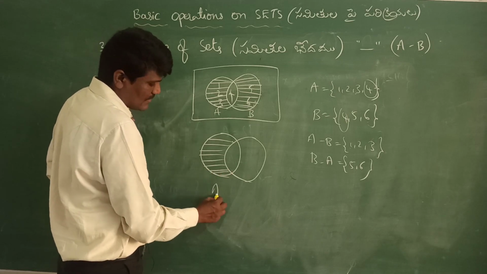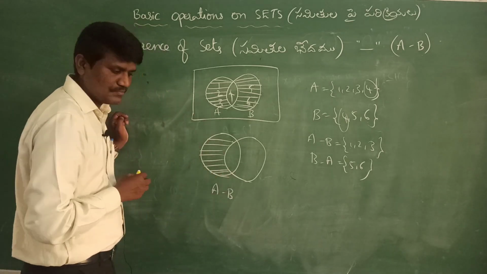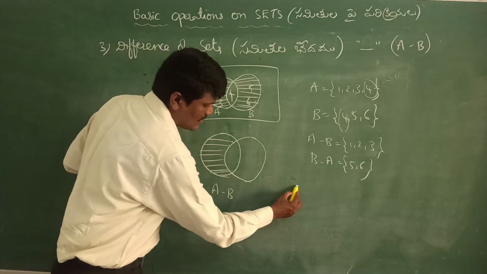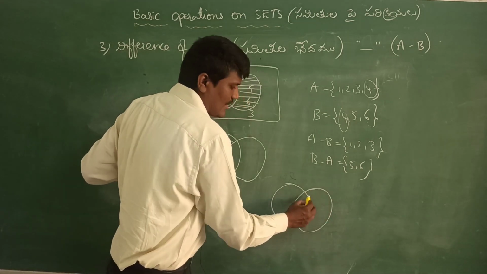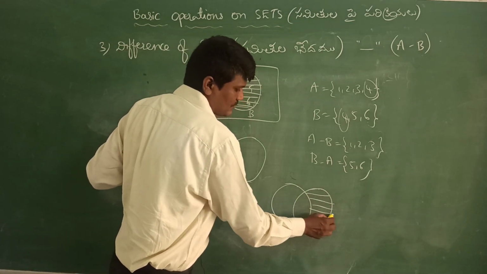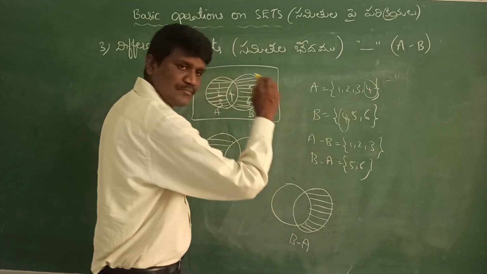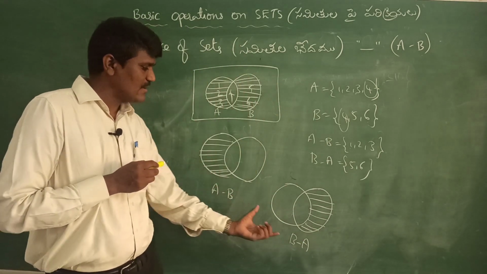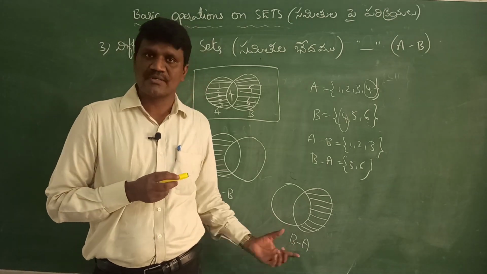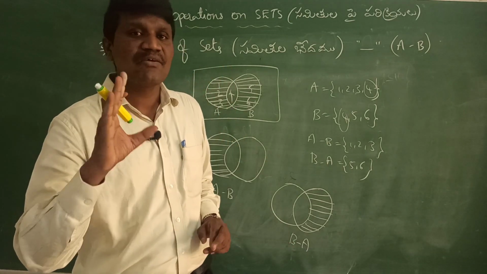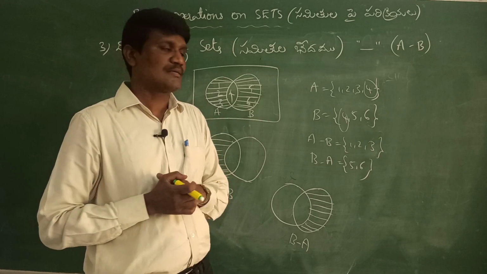This part is A minus B. If I take one more, this part is B minus A. So A minus B is this, B minus A is this one. So this is the important one, difference of two sets.